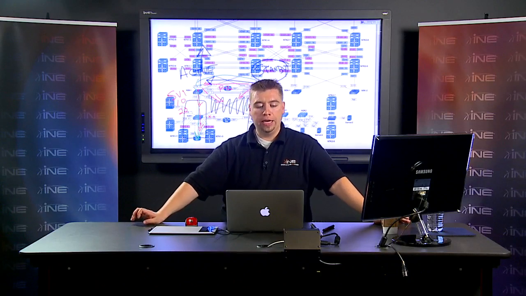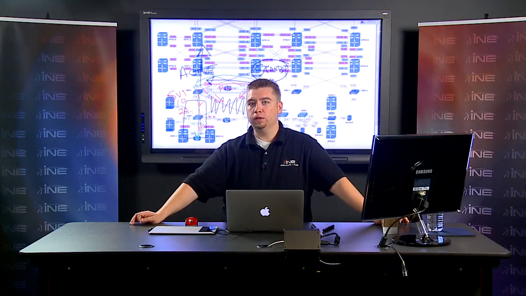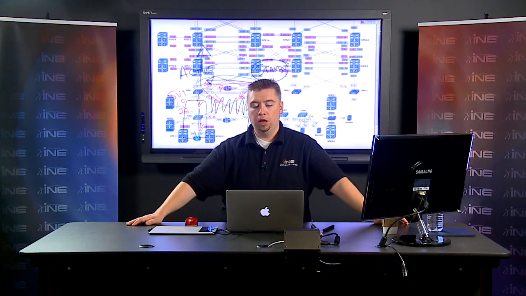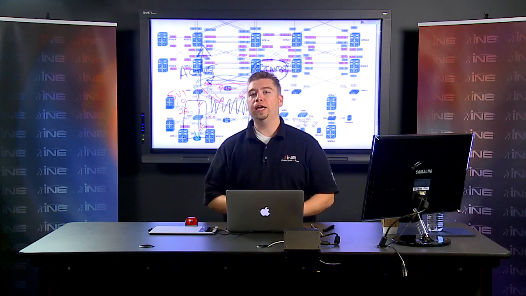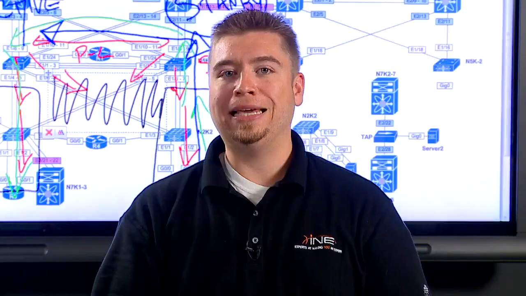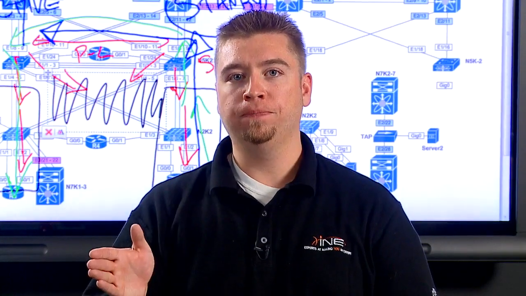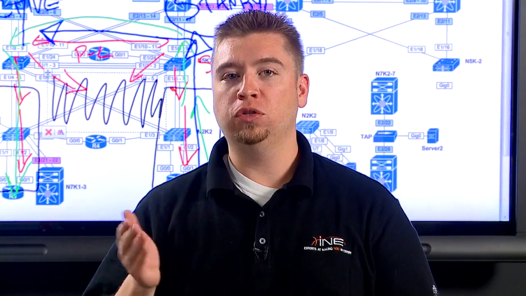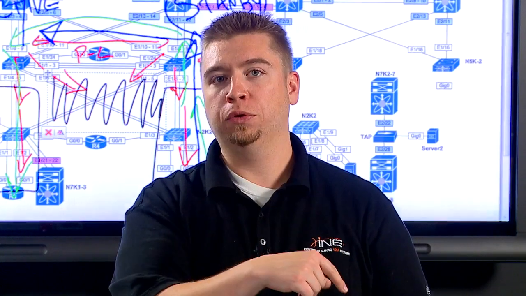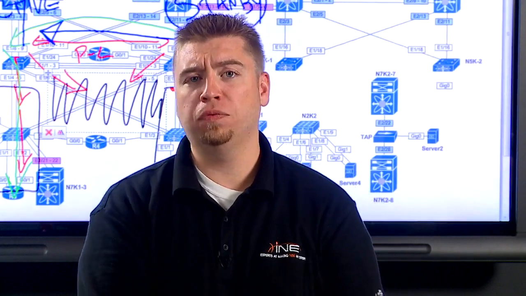It is going to learn the MAC address on the peer link and it's going to learn it on the member link, but there's just a fundamental behavioral change that you don't use the one that's on the peer link. The only case that you put the MAC address in the CAM table pointing out the peer link is if your local VPC is down and you have to use the peer link because there's an orphan port on the other side. So it has to do with failure scenarios.